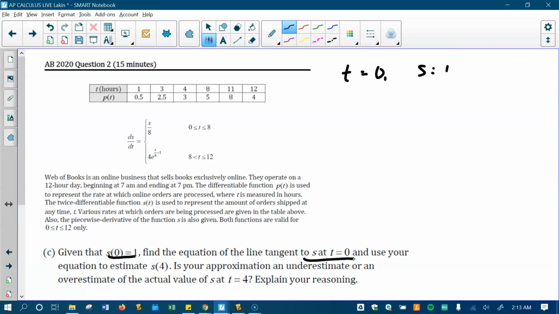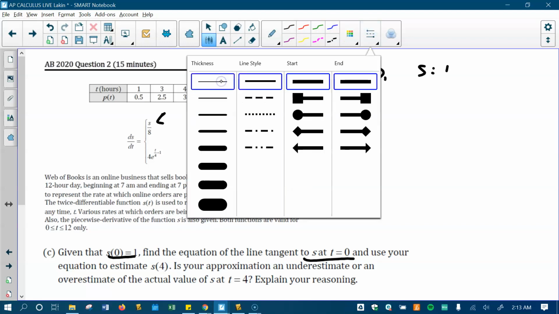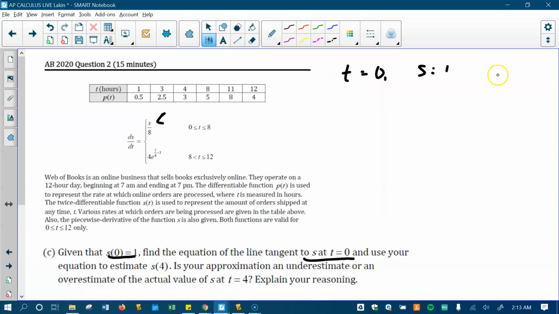The reason I said that was important is because if you try to plug in t equals 0 here, you would be totally wrong. When t equals 0, s equals 1. So the first thing that you need is that ds/dt at t equals 0 is going to be equal to 1 over 8, because s is 1.